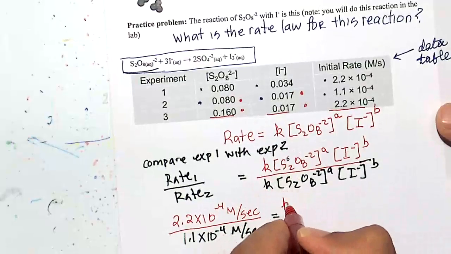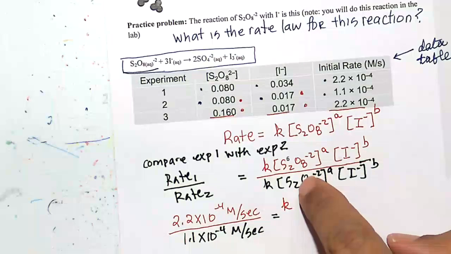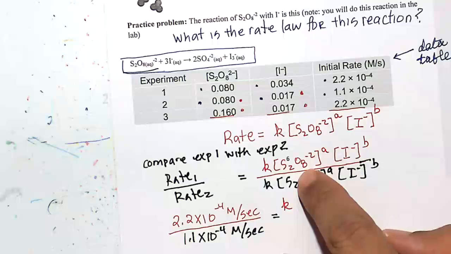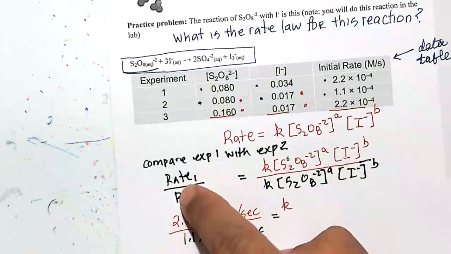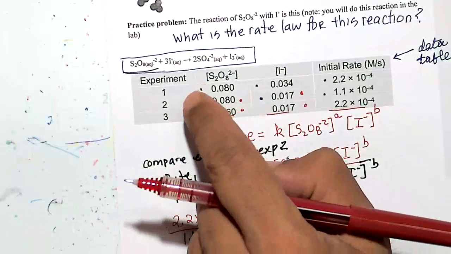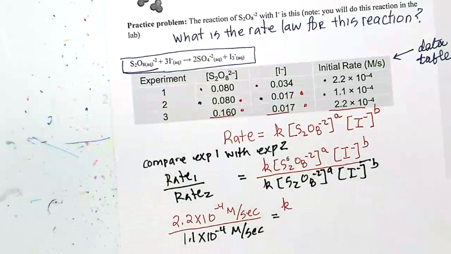All right, equals K. We don't know K. What's the concentration of S2O8 minus 2 for experiment 1, rate 1?